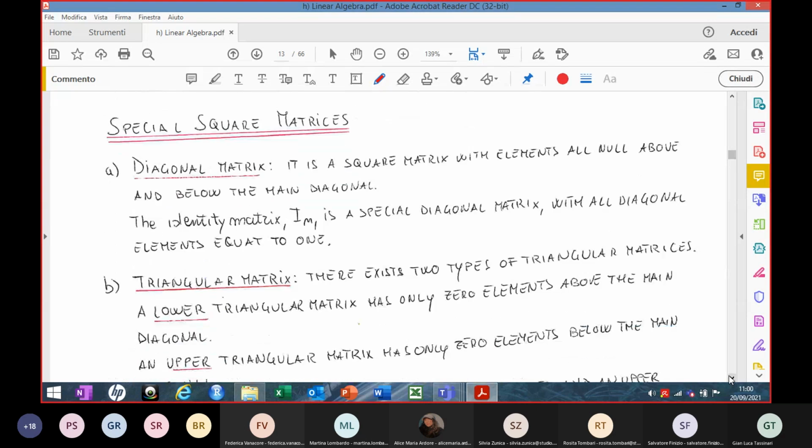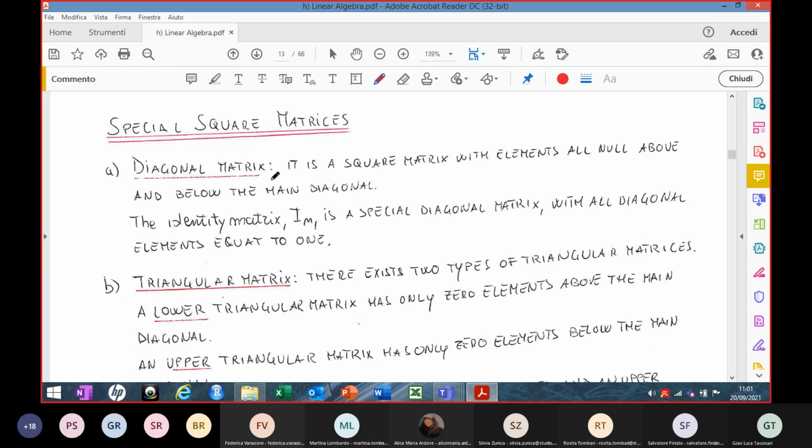Guys, here we are. No, so you don't need to write. Special square matrices. Special square matrices are the following, guys. The diagonal matrix is a matrix such that all the elements outside the main diagonal are null.